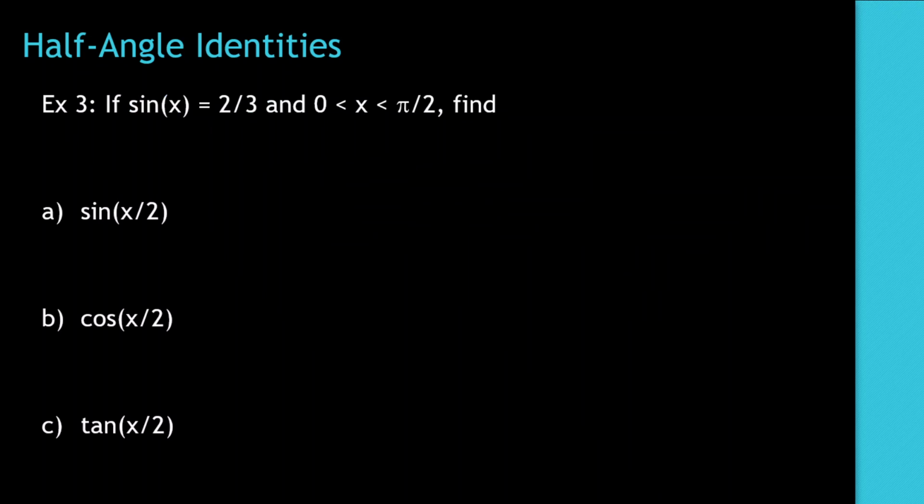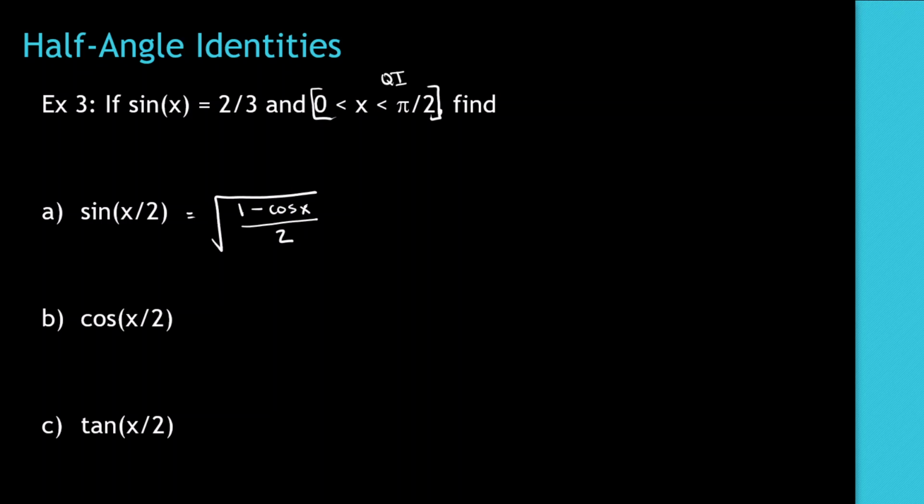Okay, let's do another one. Let's say we know sine is 2/3, and we know that our angle is in quadrant 1. So we can use these formulas to figure out what the sine of x over 2 and the cosine of x over 2 would be.